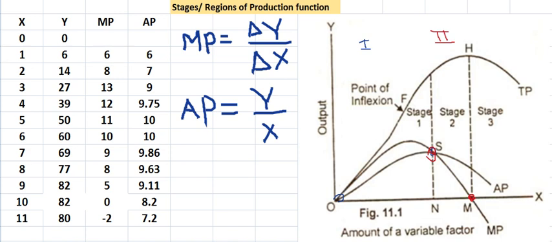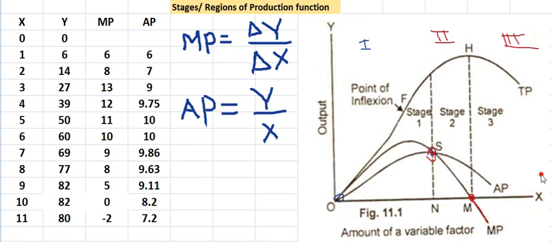Then region third, and this region obtains where MPP crosses 0 and becomes negative.